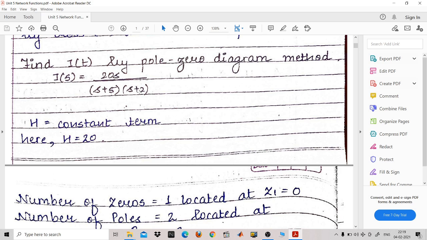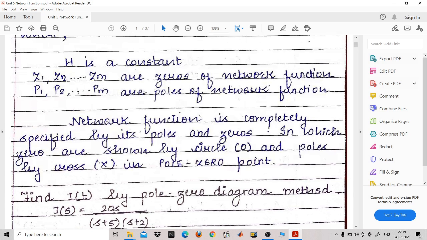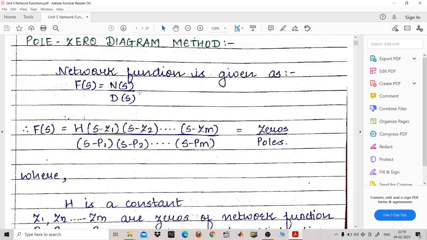Now if you equate this with the generalized expression of the network function that I have just written, that is F of s equals H times (s minus z1)(s minus z2) up to (s minus zm), you have zeros in the numerator and poles in the denominator.